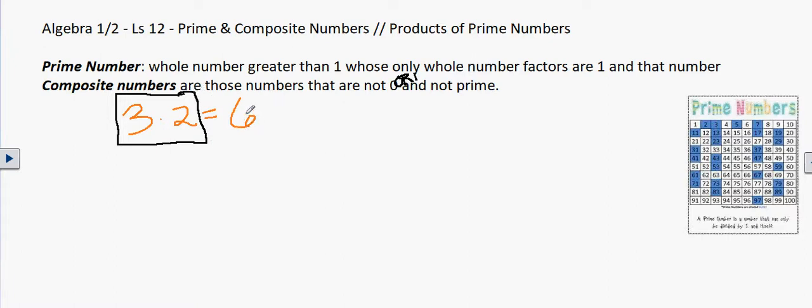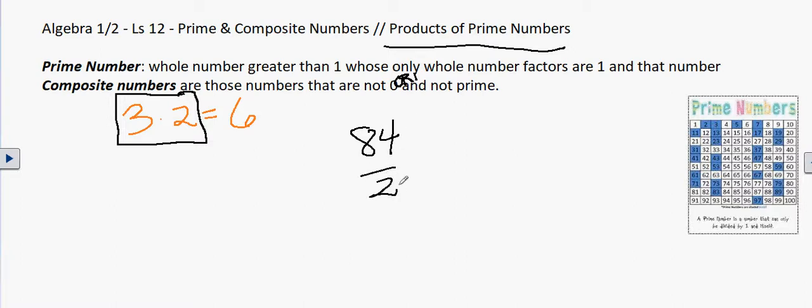So, let's show bigger numbers as products of prime numbers, so as factors being multiplied to become that number. But the spin on that is they cannot be composite numbers that we show. We're showing only prime numbers, products of prime numbers. So the book will give us a composite number like 84. 84 is divisible by, remember your divisibility rules?